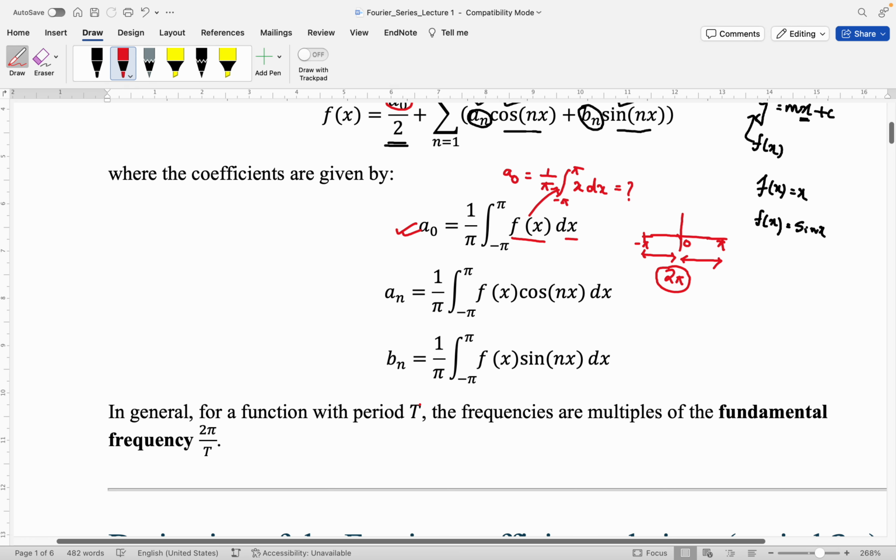Next I have to find out an. Just a second.